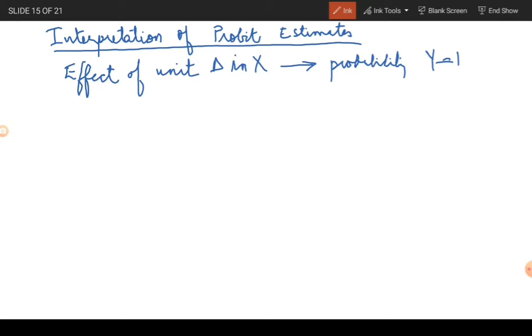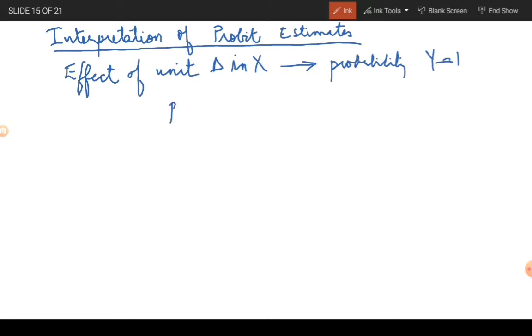So in the example that we have been continuing throughout this lecture, we want to know how a unit change in X, that is the income of the family, would change or affect the probability that the family will own the house that they live in.